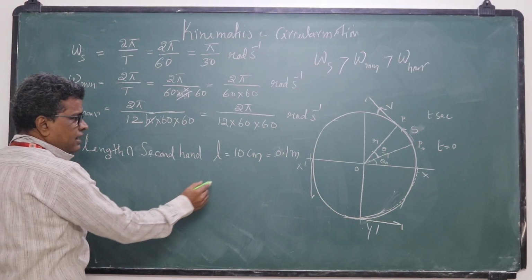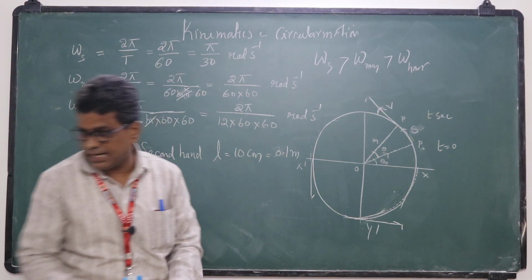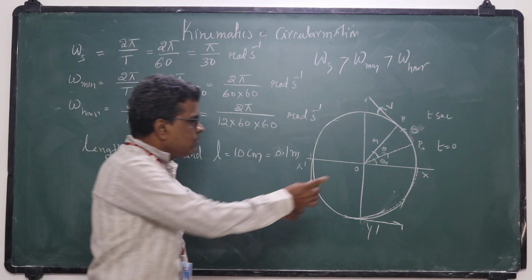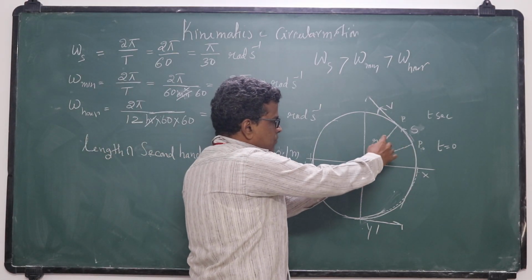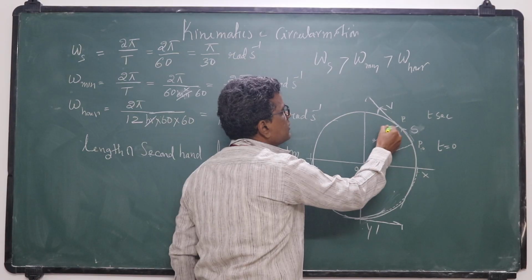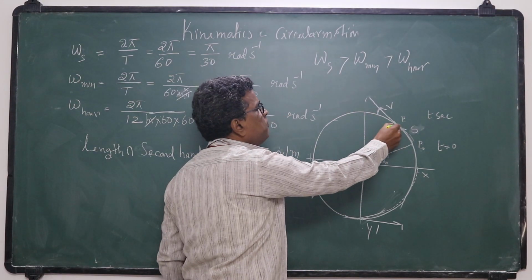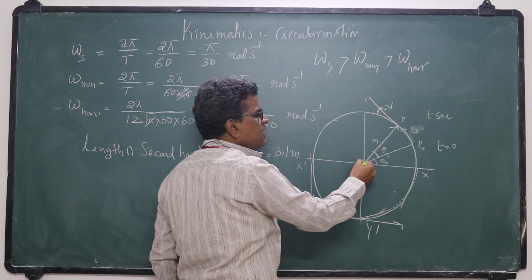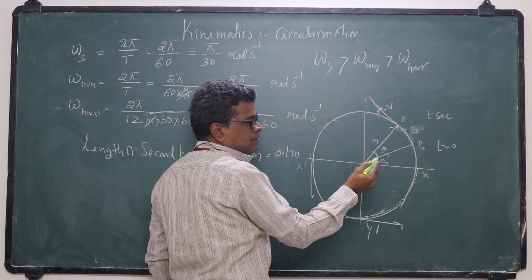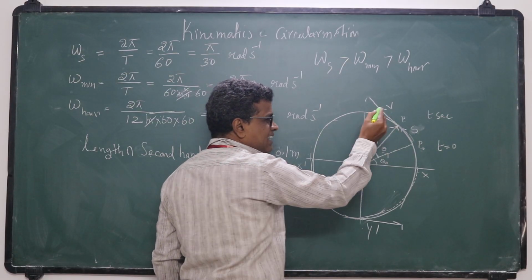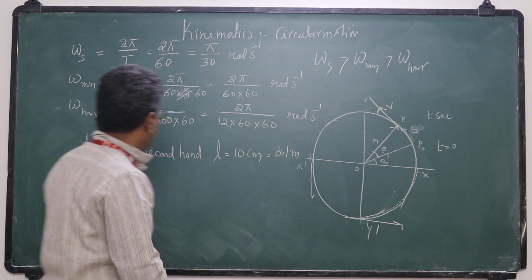I want the linear velocity of the tip of the seconds hand. See, in the clock, you assume this is the tip of the seconds hand. Its length is 10 centimeters. So what is the linear velocity of the tip of the hand?